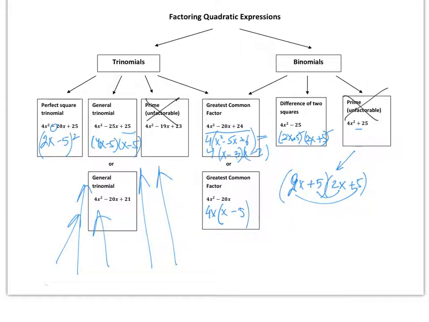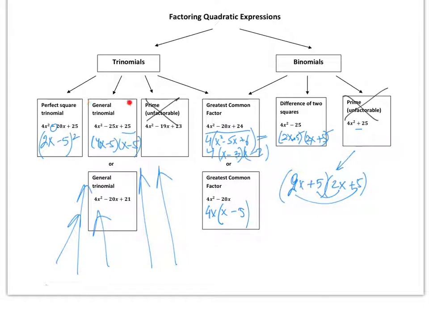In conclusion, the first question you ask yourself: trinomial or binomial? If it's a binomial, you essentially have only two options. Either it's a difference of two squares or there is a common factor. If it's a trinomial, you have essentially two cases.